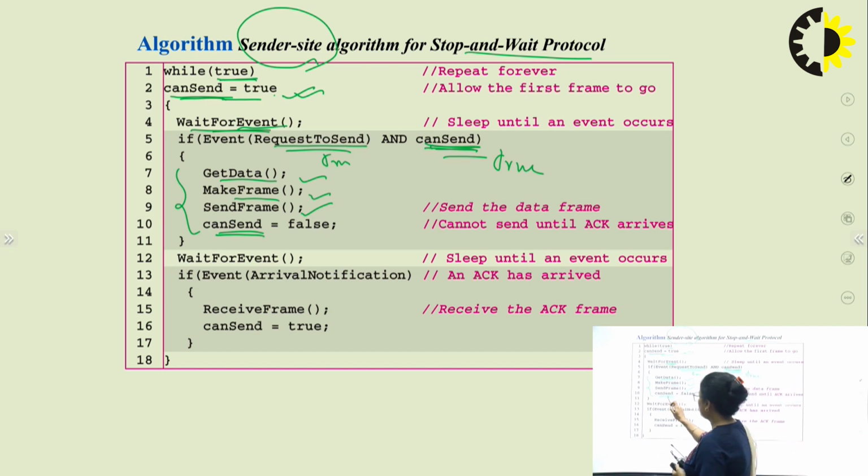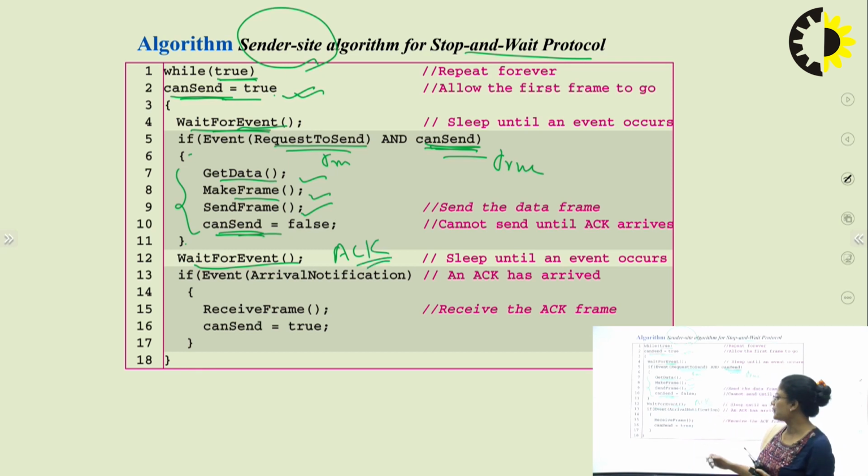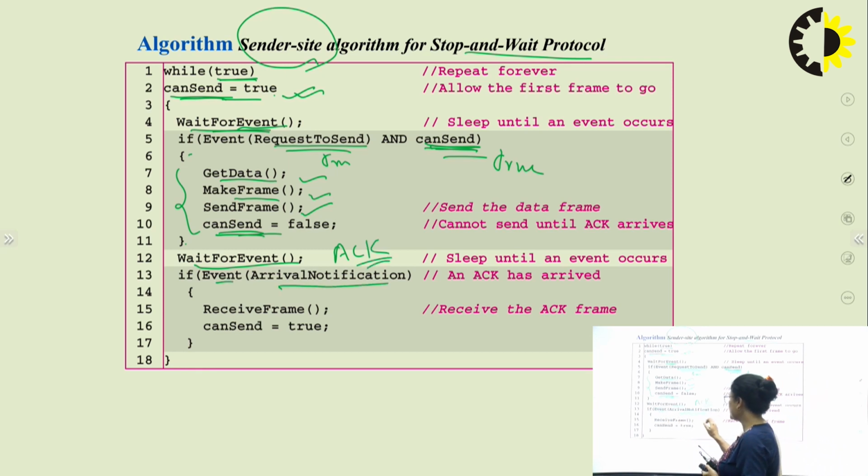Once it is out of the if, it waits for an event. For what event? The event is the acknowledgement signal coming from the receiver. We call this acknowledgement signal an arrival notification coming from the receiver.